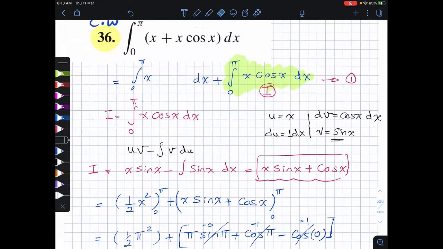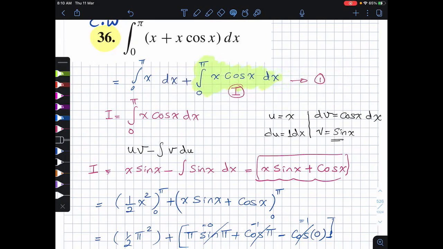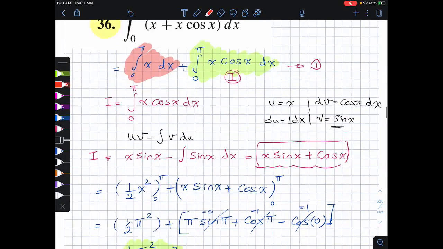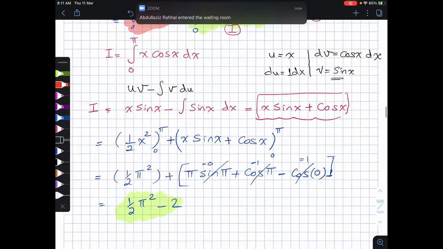Understood? Okay. So the first part is the integral of x, which is x squared over 2. Then I took the second part, named it I, and found its integral by using integration by parts.